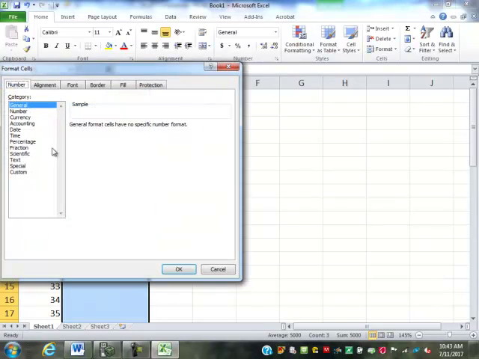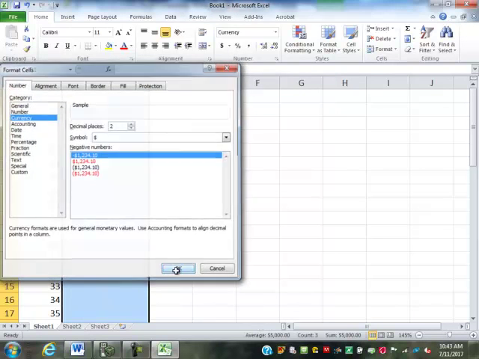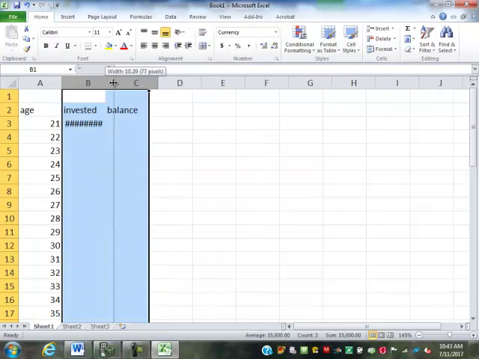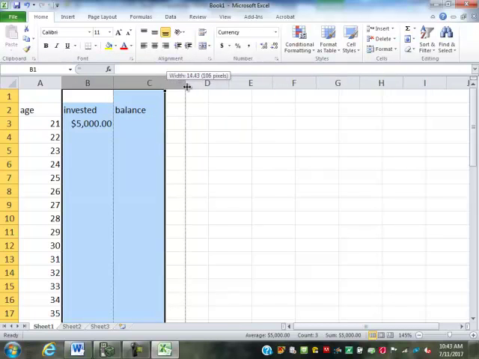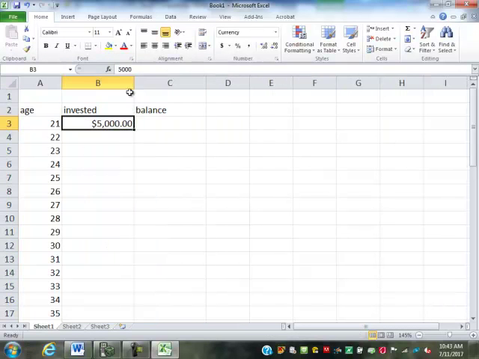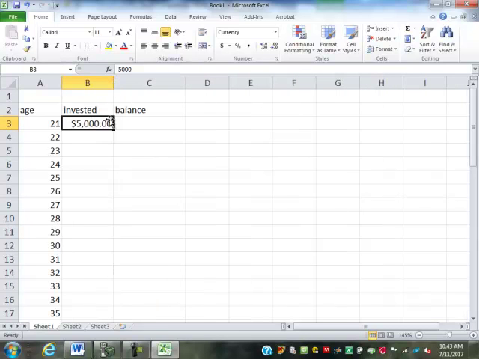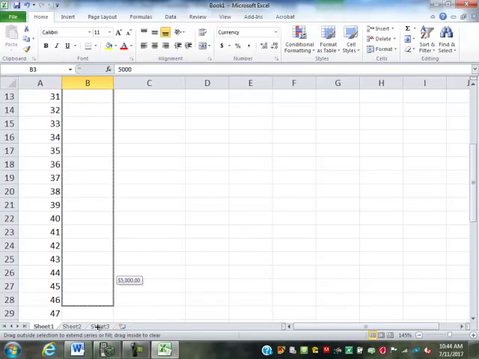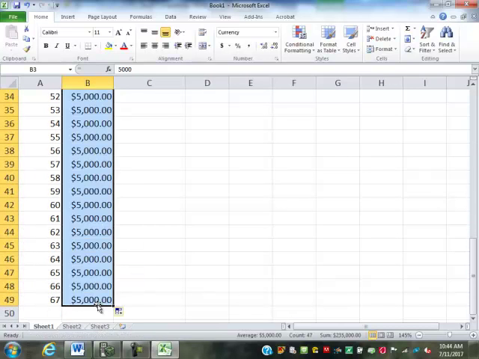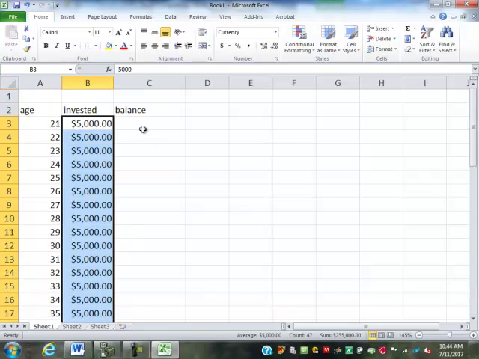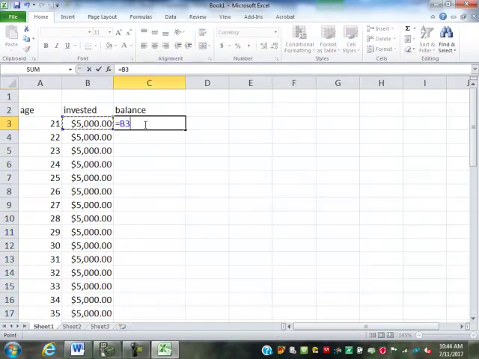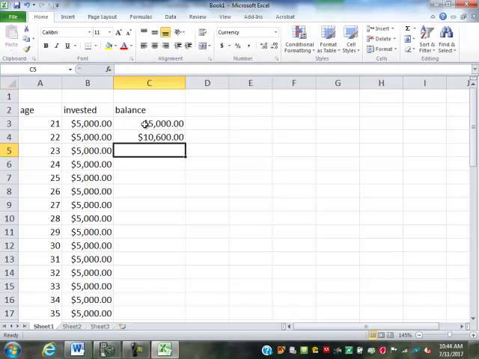So we're going to invest $5,000 a year for, well, it ends up being 47 years. At 12%.